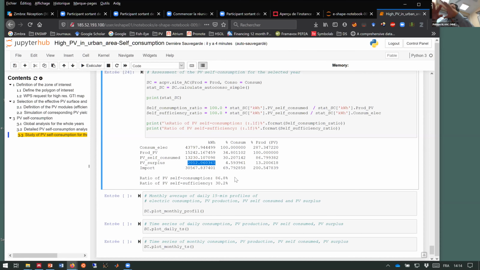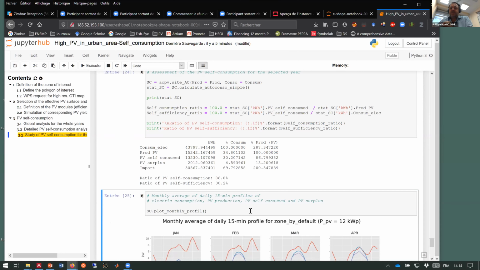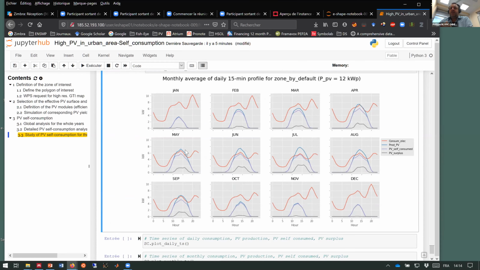Once you have these overall figures about the self-consumption, you can have the pleasure to look at the data on a monthly basis. From month to month, you can compare the amount of energy you are providing from the PV, the amount of energy you are exporting, and the amount of energy you are consuming, month per month as an average.